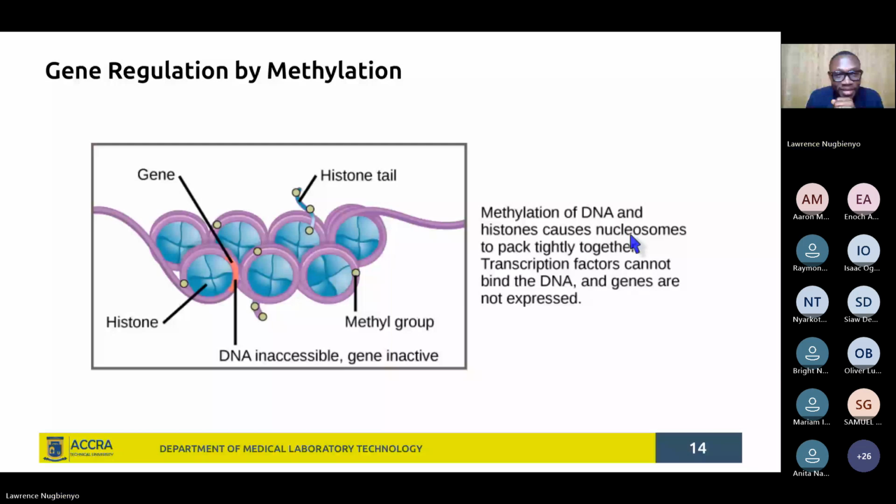Now, you know, from the last lecture, we were looking at the process of transcription. So you know that in order for a fragment of DNA to get transcribed, that fragment must be exposed. If the fragment is not exposed, it cannot be transcribed.